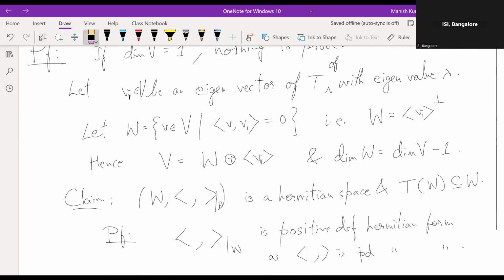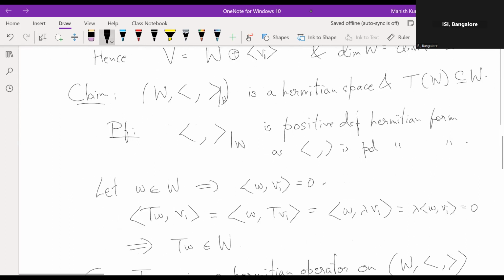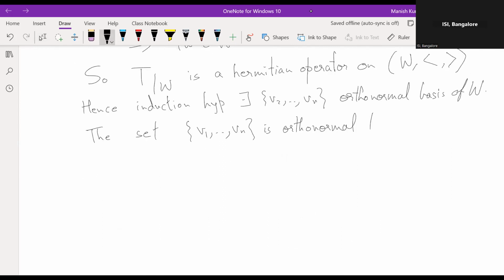So maybe I should have taken that. So this we can ensure. Whatever the norm is, you just divide by the length of it. So is an orthonormal basis of T.